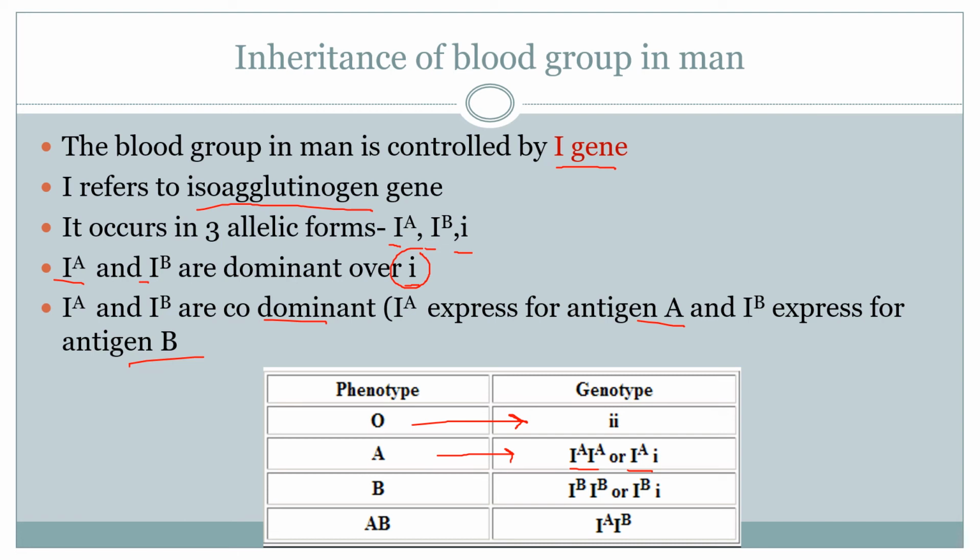Again in B, IB IB homozygous and IB small i heterozygous. But in AB, it is A as well as B. Hence, it is said to be codominance. Here A also expresses and B also expresses. Both the characters express together. So, this is about inheritance of blood group in man.